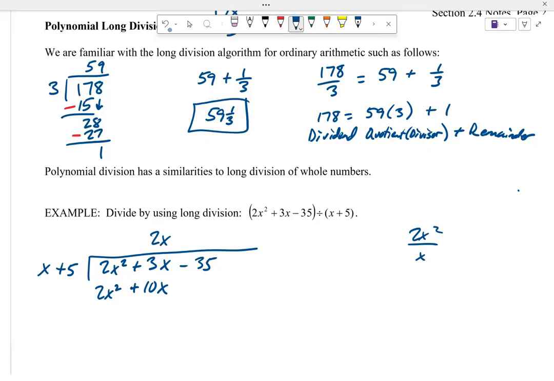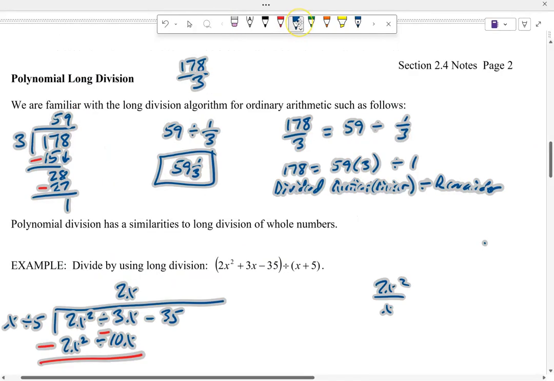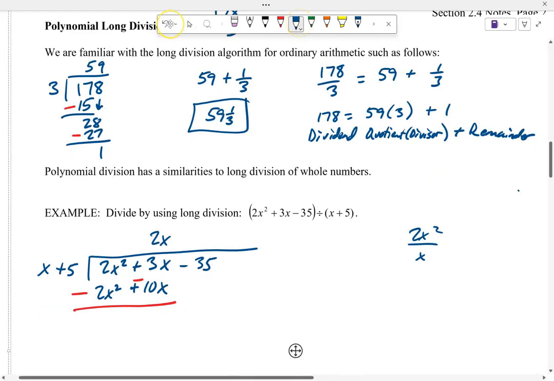So I'm subtracting this whole thing, which means I'm changing both signs. Instead of putting parentheses around it, I just like to change both signs. Now 2x squared minus 2x squared, that will be gone. You should always have those first terms cancel for you.